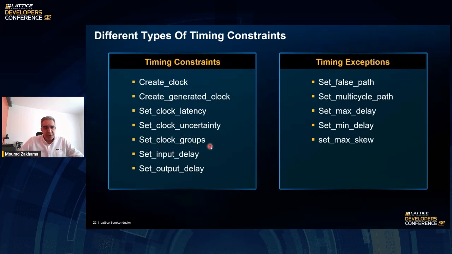Clock groups allow you to identify different groups of clocks, and if clocks belong to different groups, then the STA tool will not analyze timing between those clocks.